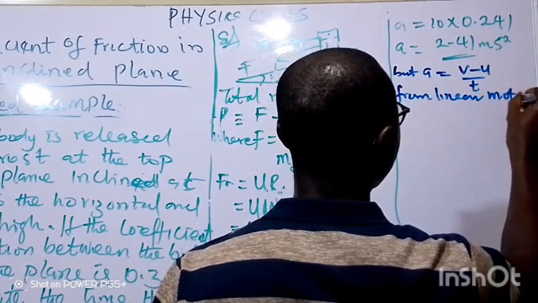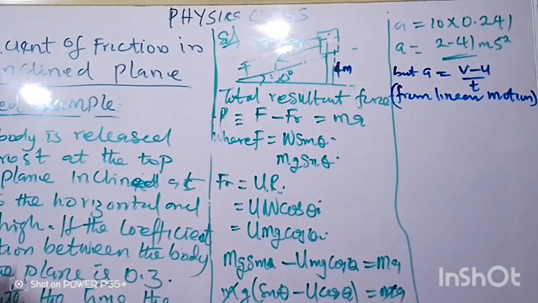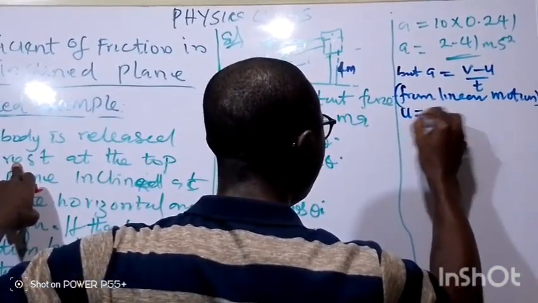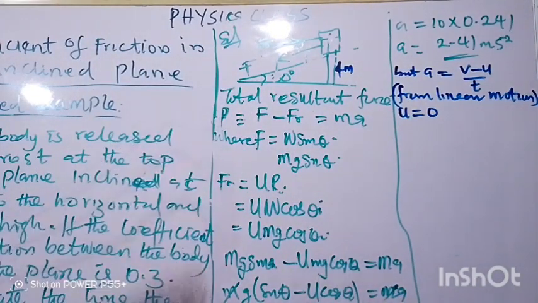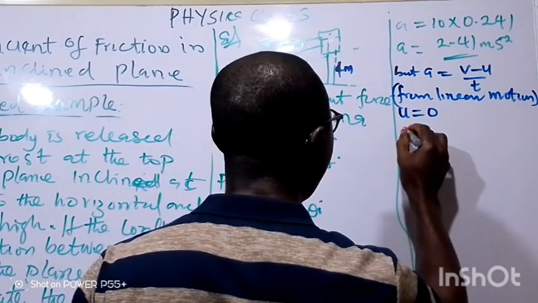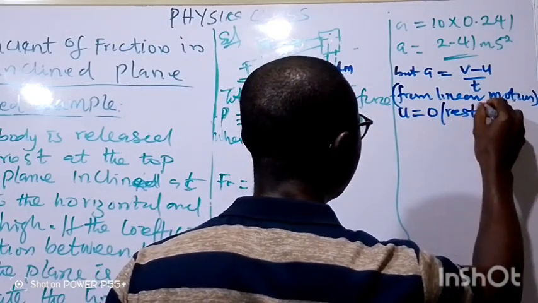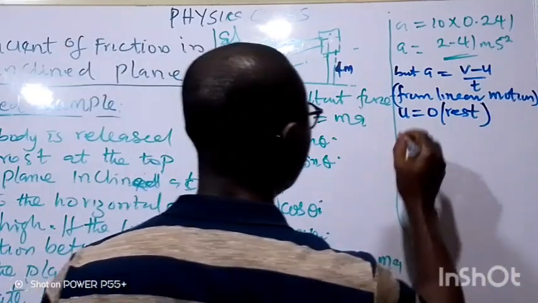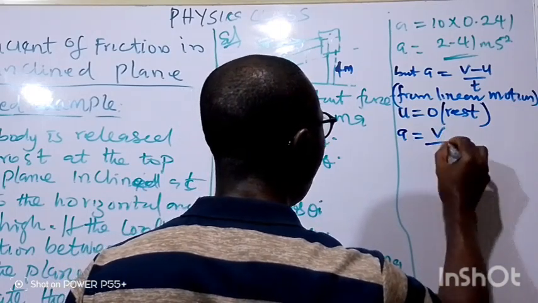Now, the question says it is released from rest. If it is released from rest, then u will be equal to 0. That is the initial velocity. Then we are left with v. So our a becomes a is equal to v over t, where t is the time that we need.